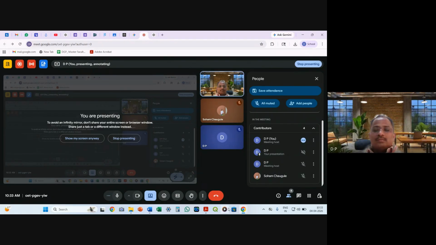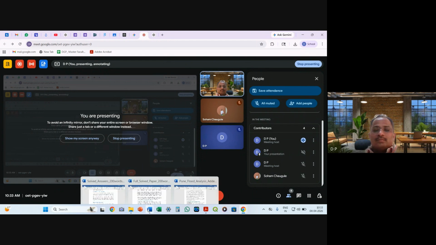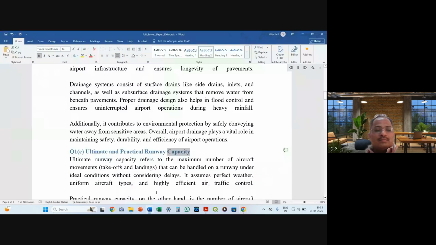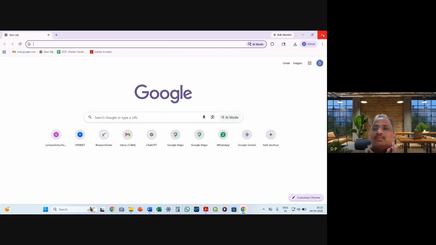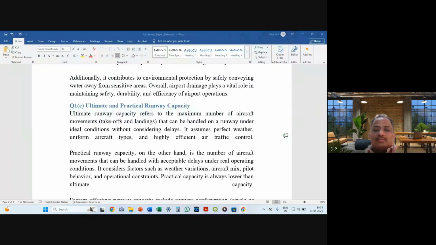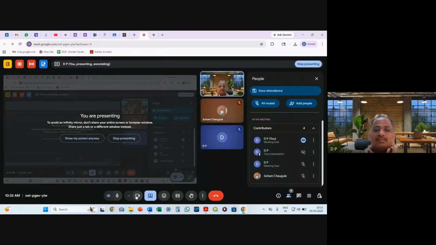Q1. C. Ultimate and practical runway capacity. Ultimate runway capacity refers to the maximum number of aircraft movements, takeoffs and landings, that can be handled on a runway under ideal conditions without considering delays. It assumes perfect weather, uniform aircraft types, and highly efficient air traffic control.